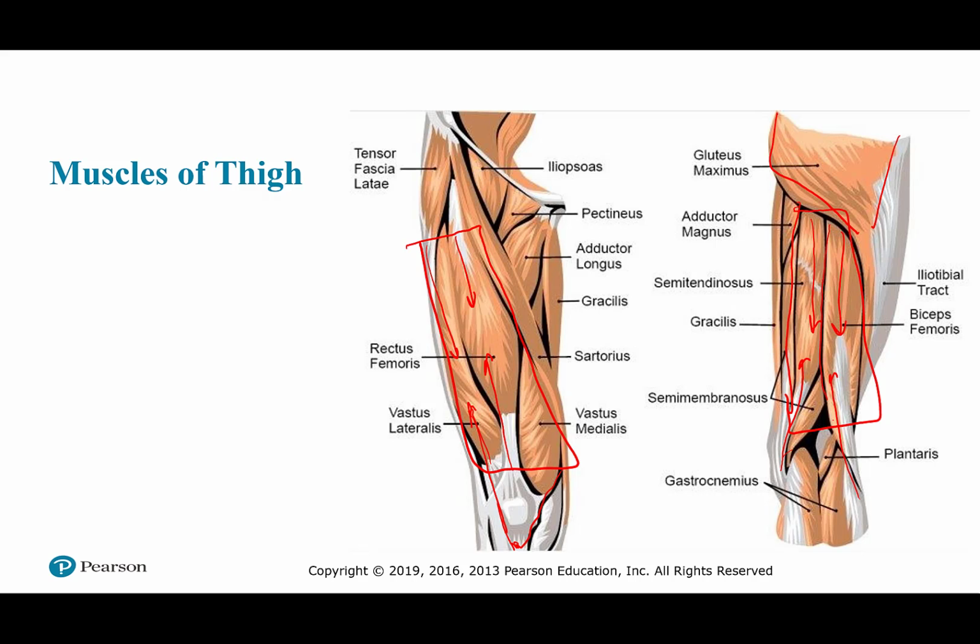We have the biceps femoris here on the lateral aspect of the thigh specifically, and then you have these two muscles called the semimembranosus, which is on the bottom here. That one right there is the semimembranosus, and then the one that goes right on top of that is the semitendinosus.